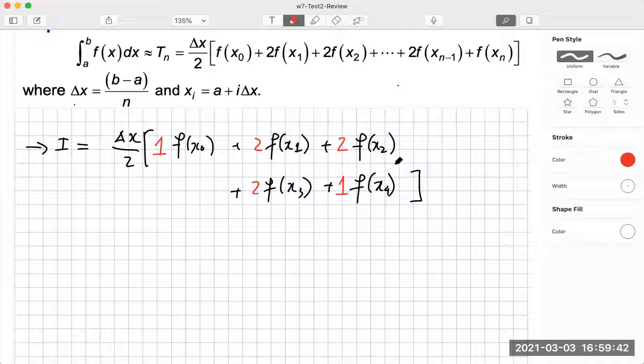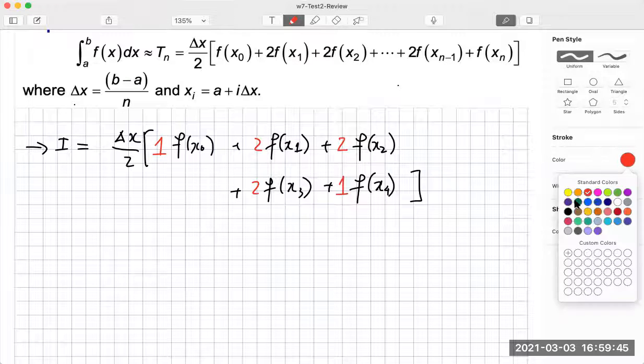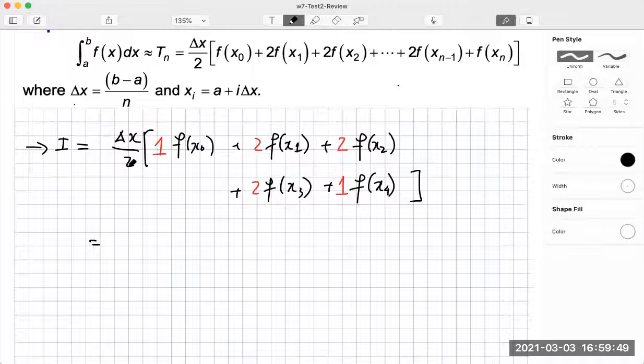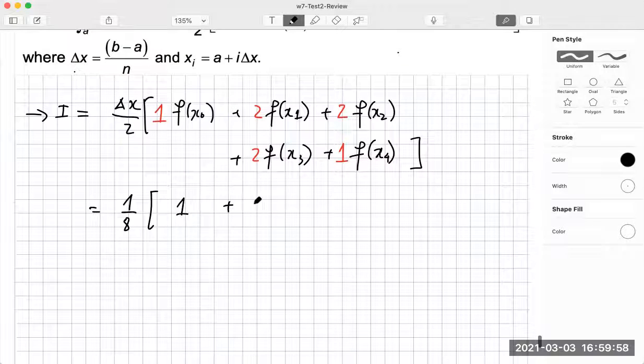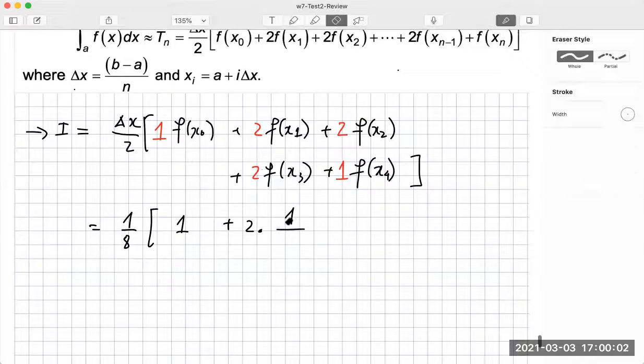Okay, then the same story. It will be 1/4 divided by 2. It will be 1/8. Right, and here it would be 1 plus 2 times 1 over. Let us do it slowly.